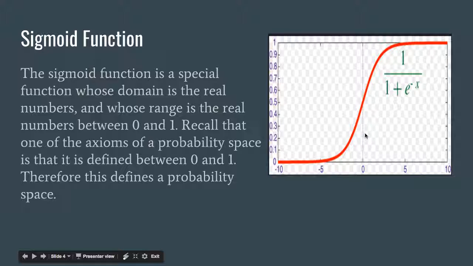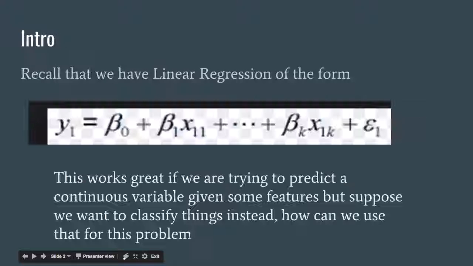You see this vertical dashed line? You'll notice that it intersects the sigmoid function here at 0.5. So that means there's a 0.5 probability when x is 0.